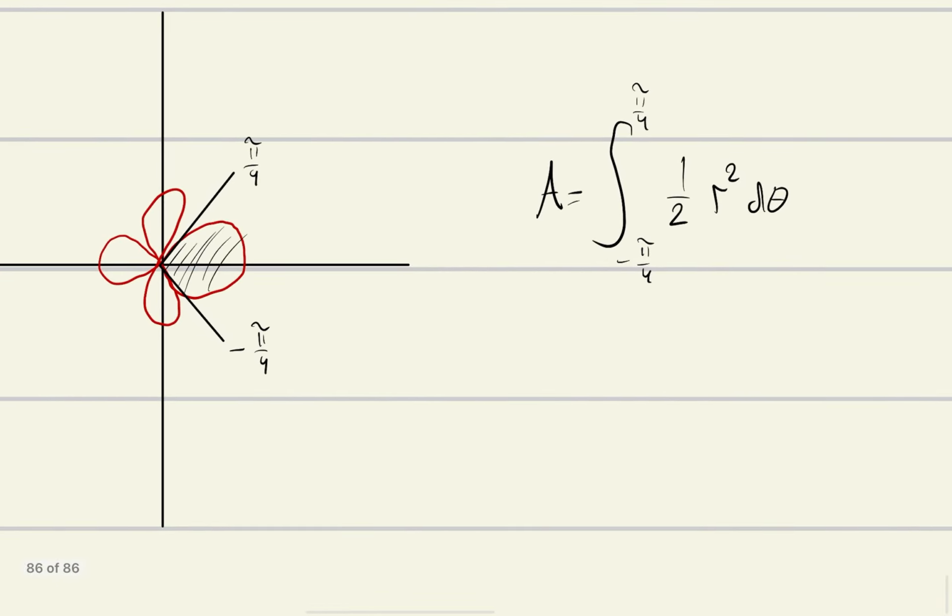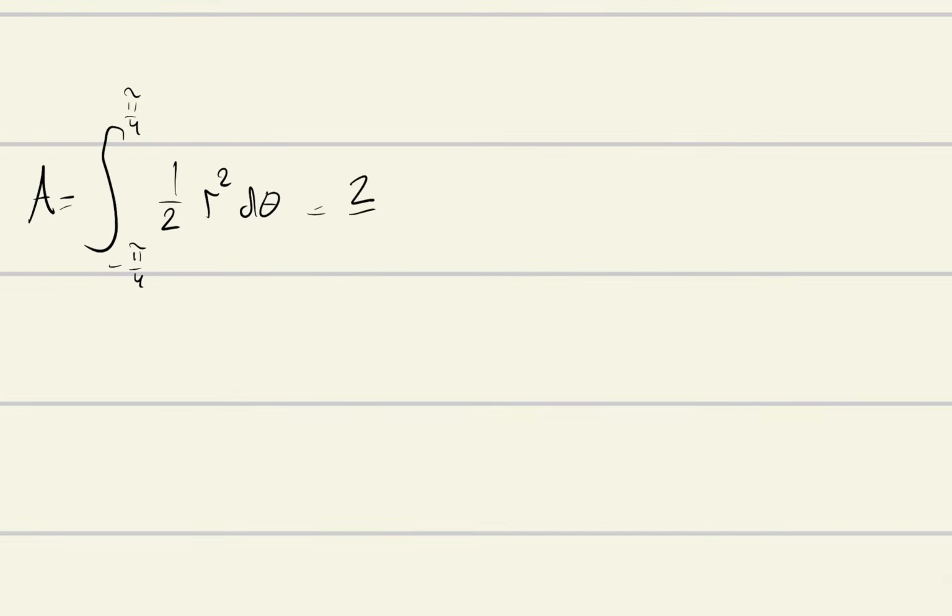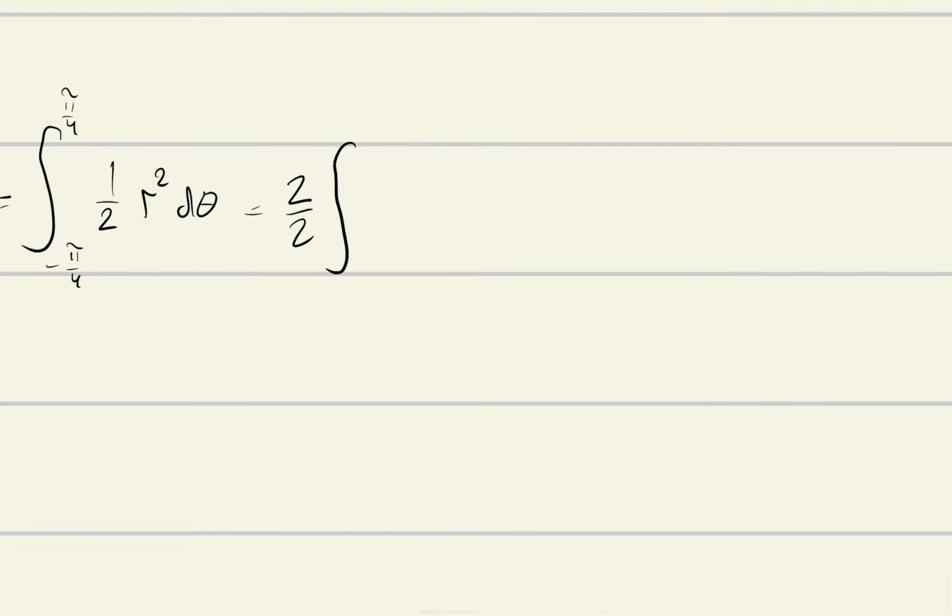Since this is an even function, we can actually make this a 2 over 2 if we pull out this coefficient from 0 to pi over 4 r squared d theta.